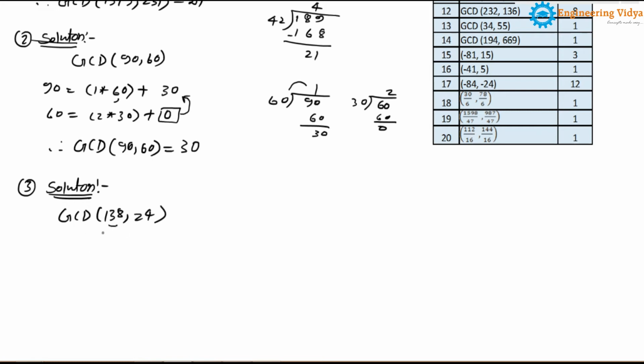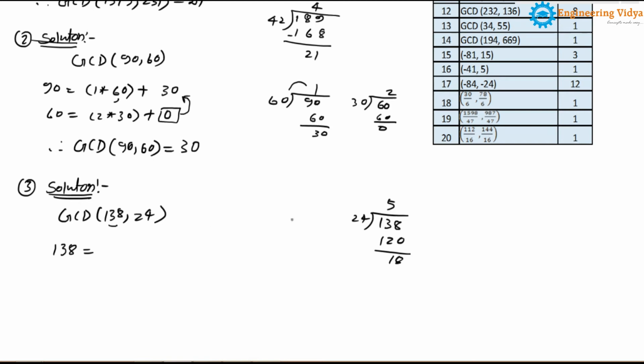Here 138 is greater, so we'll write 138 first, and again we'll divide 138 by 24. If I divide 138 by 24, it will go 5 times, and 120 will come, and the remainder will be 18.